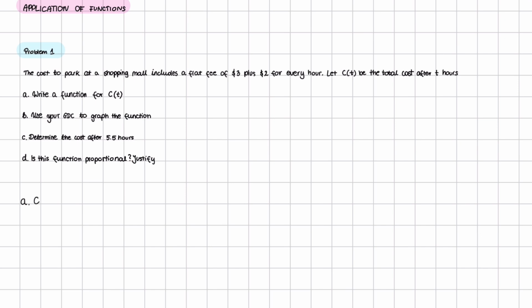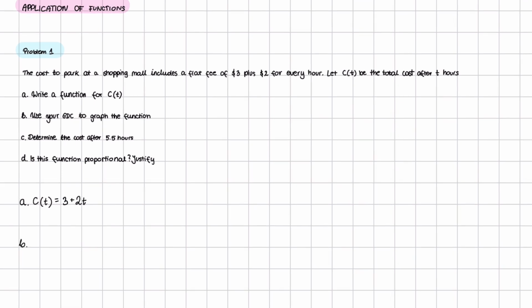So our equation is C equals 3, a constant fee, plus 2t. B. Use your GDC to graph the function. So we have to type our function into our GDC to graph the function and then redraw it on the paper.